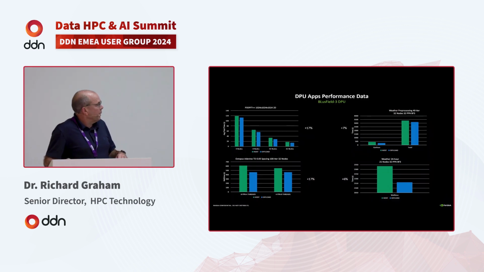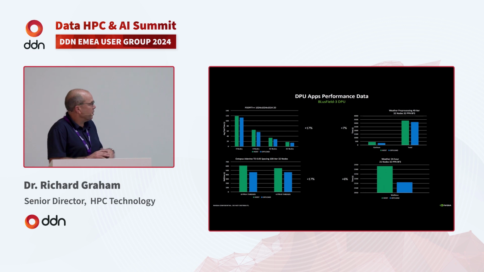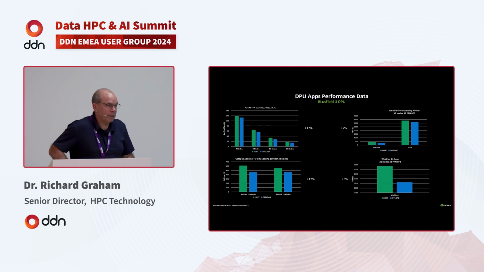However, when you go and look at applications, the picture is very different. We have data here for 4 applications. We've actually done performance measurements on more than just these 4 applications, but these happen to be applications that were mostly important in the context of procurements. So P3D-FFT is a 3-dimensional Fourier transform library.